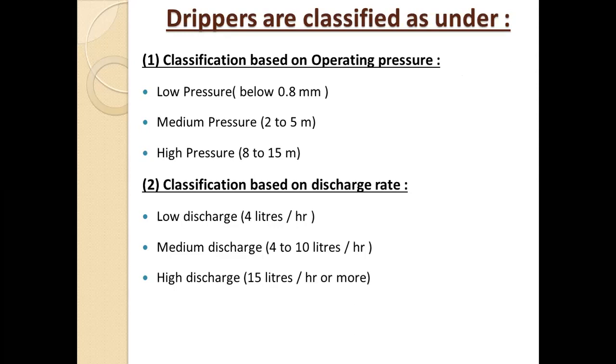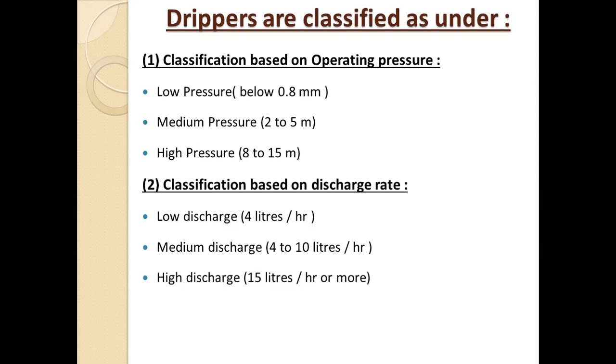Mainly, drippers are classified under three headings. First is the classification based on operating pressure, in which low pressure is below 0.8 meter, medium pressure is 2 to 5 meter, and high pressure is between 8 to 15 meter. Second is classification based on discharge rate. First is low discharge, which is below 4 liters per hour. Medium discharge is between 4 to 10 liters per hour.